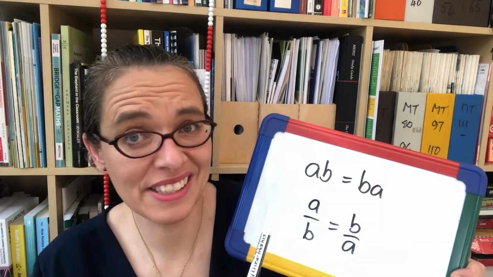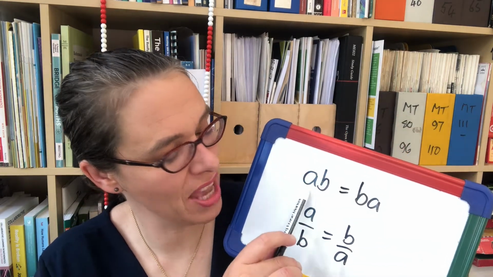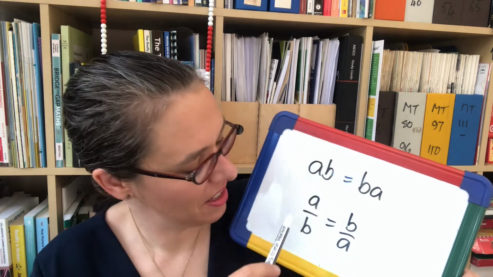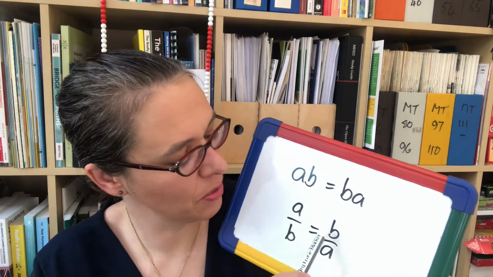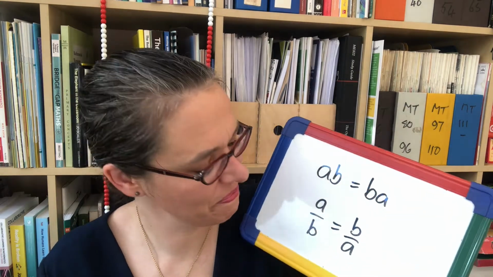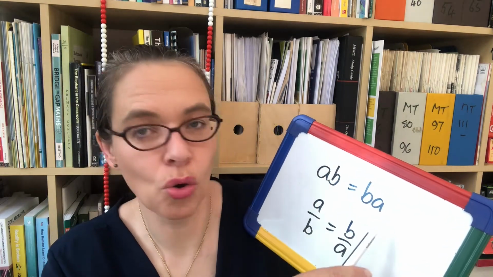Is it always, sometimes, or never true that AB equals BA? And is it always, sometimes, or never true that A divided by B equals B divided by A? Well, that turns out to always be true because of the array.